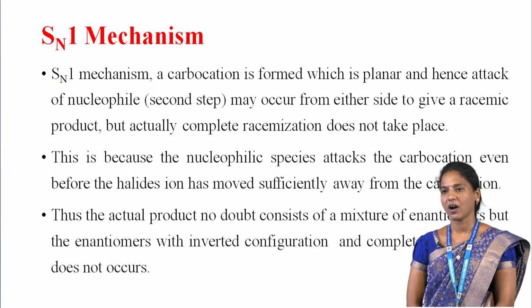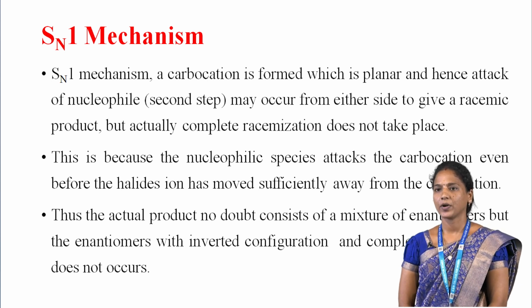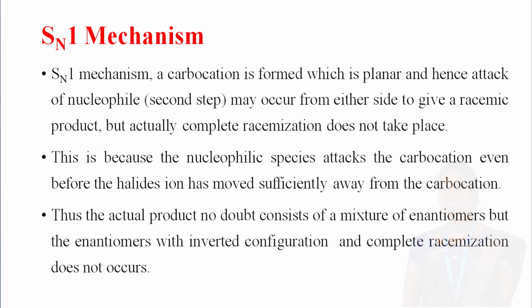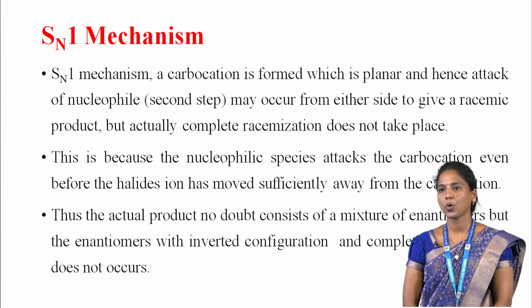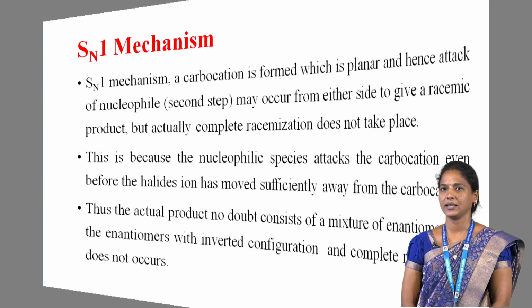The negatively charged halide ion shields the carbocation from front side attack, and back side attack leads to inversion of configuration. Thus the actual product consists of a mixture of enantiomers, but the enantiomer with the inverted configuration predominates, and complete racemization does not occur.